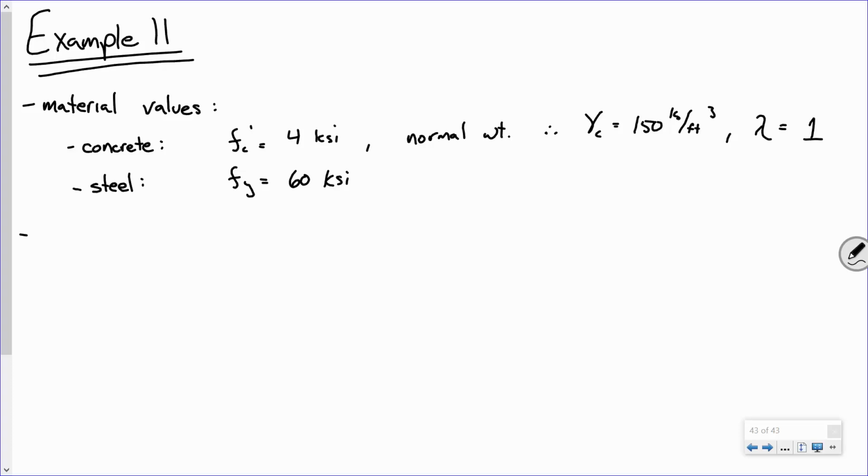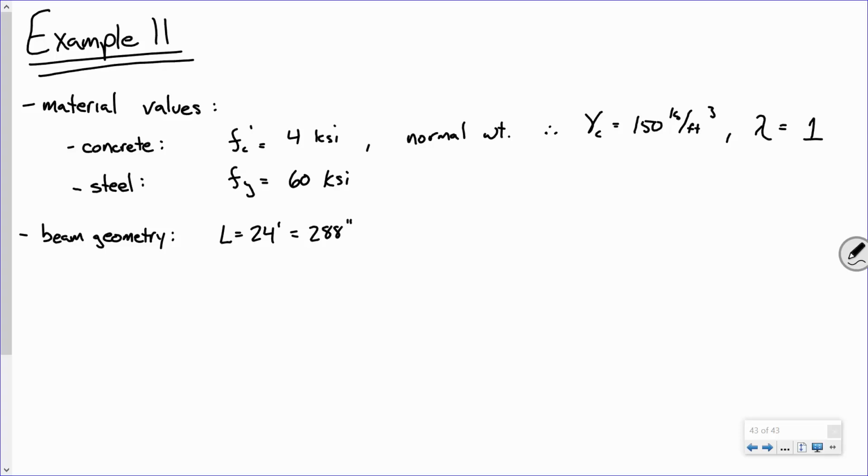All right. Now let's look at some of the beam geometry. Just make sure we've got all that written down. Okay. So this beam is, not 20, 24. 24 feet or 288 inches long.